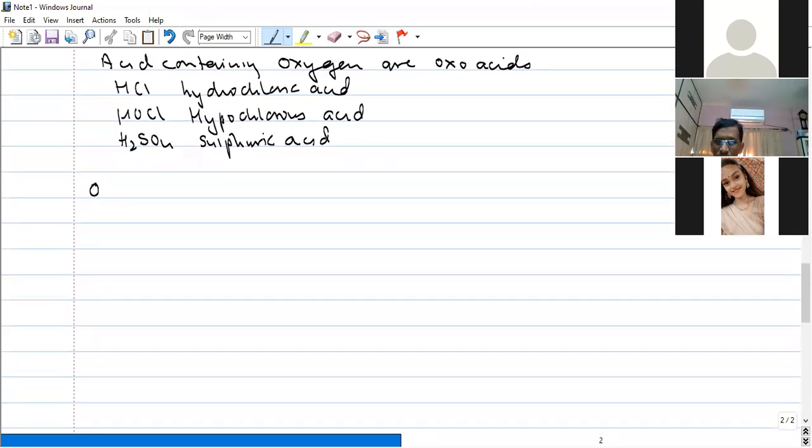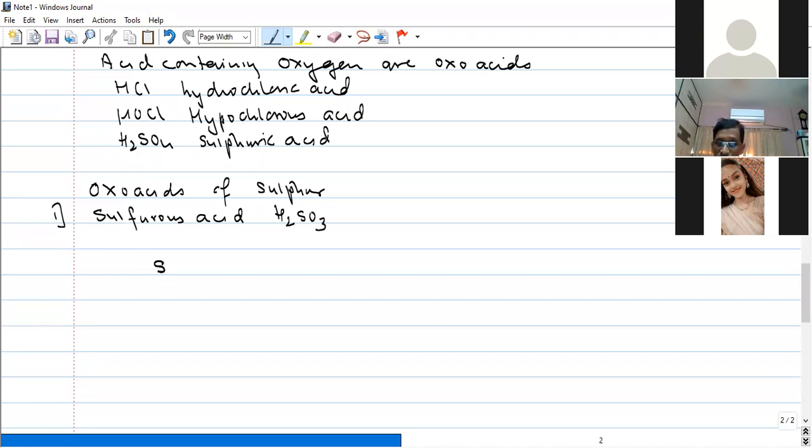So oxoacids of sulfur, there are many. First is sulfurous acid. Sulfurous acid formula is H2SO3.